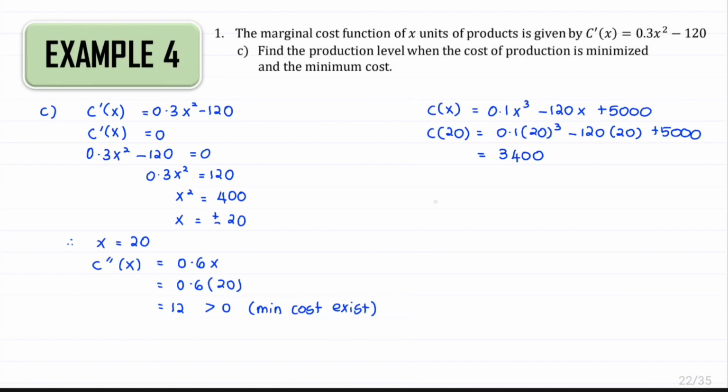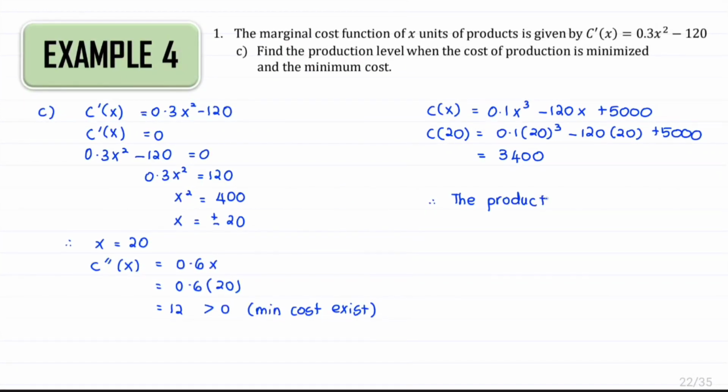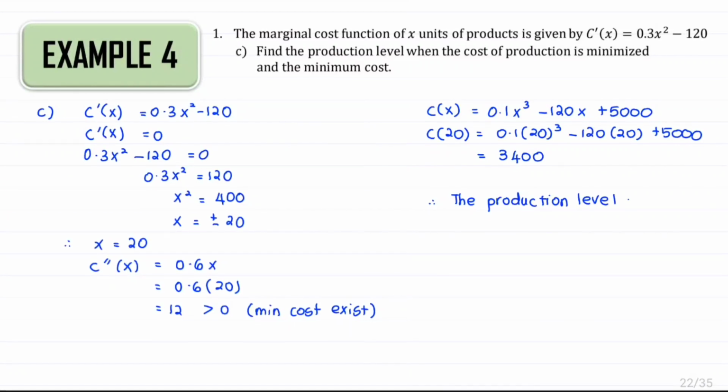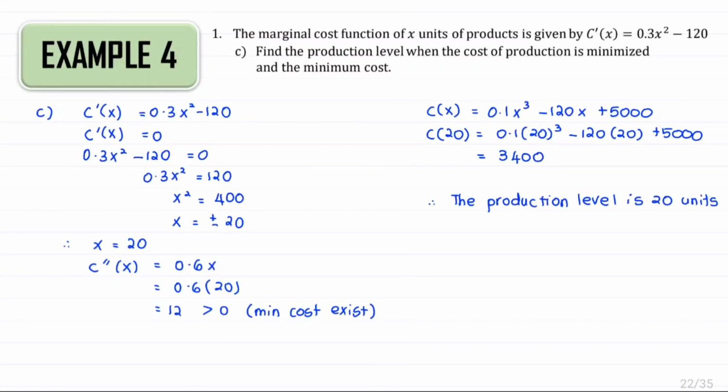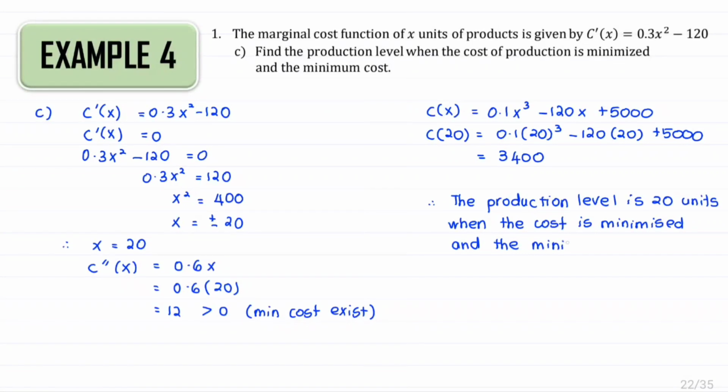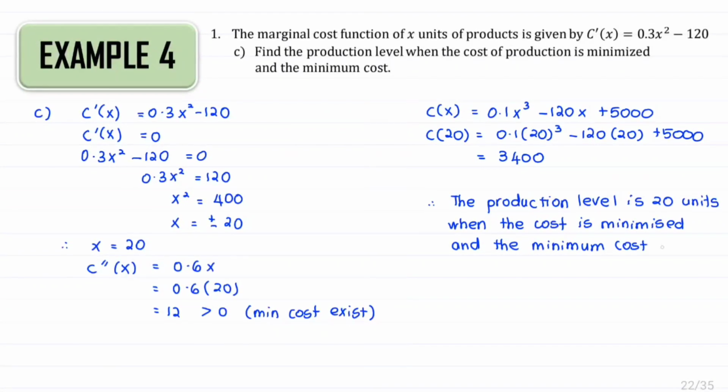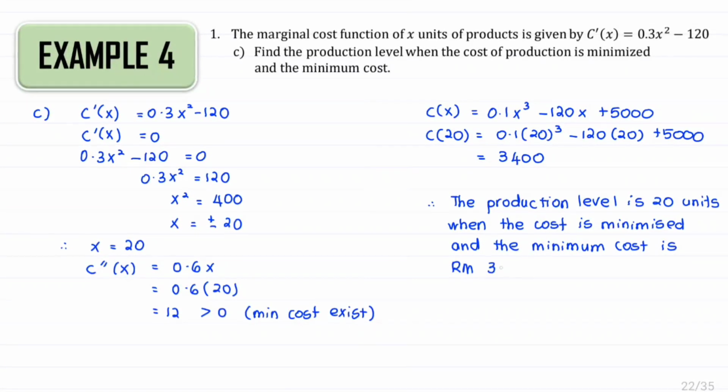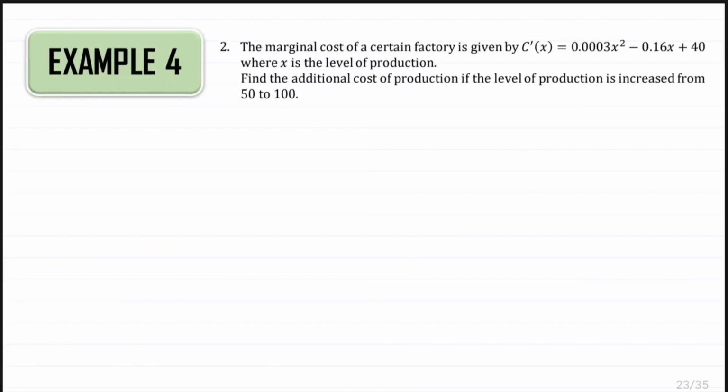Okay, and last we conclude the production level is 20 units and the minimum cost is RM3,400.